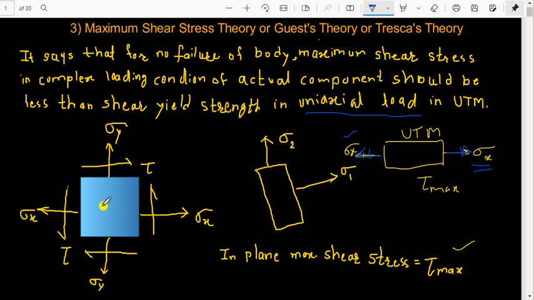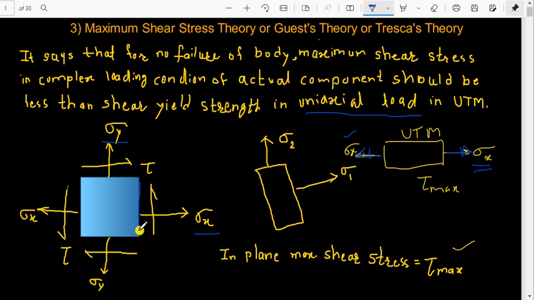Now the complex loading condition of our actual component will be somewhat like this. Here I have shown the stresses in x, y and also in the shear direction, that is in the plane parallel to, let us say, one edge.